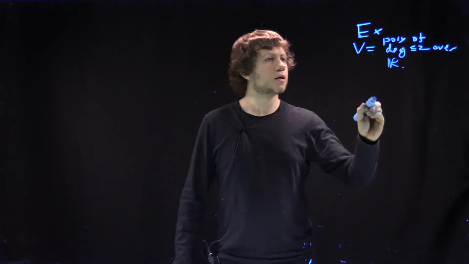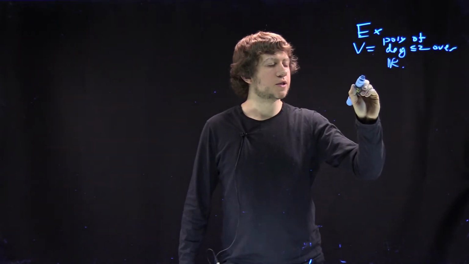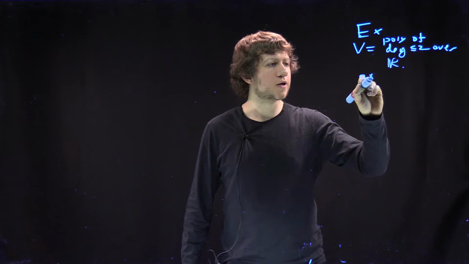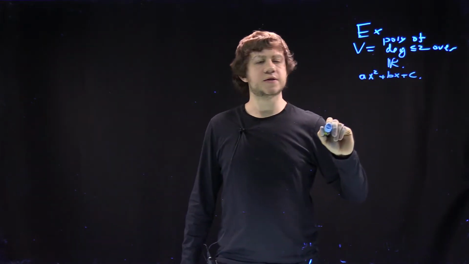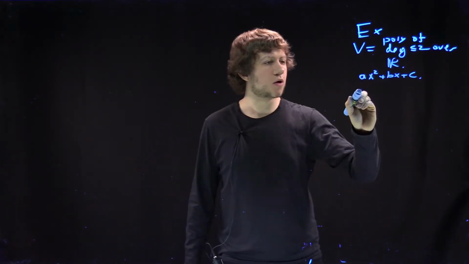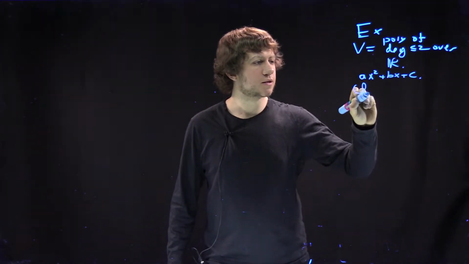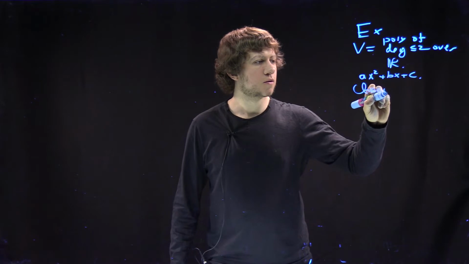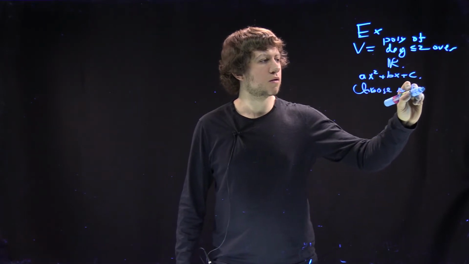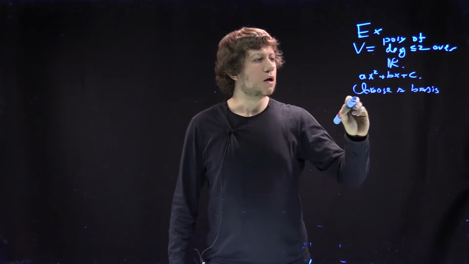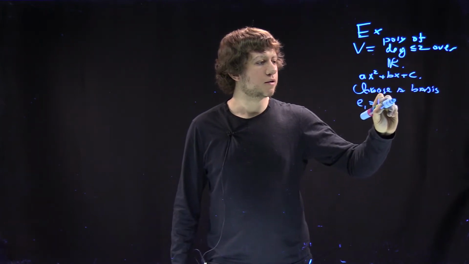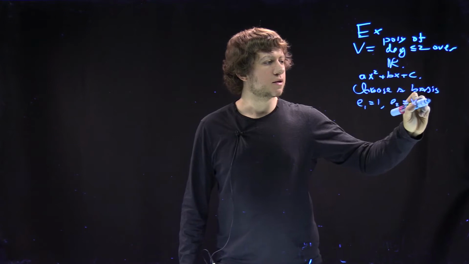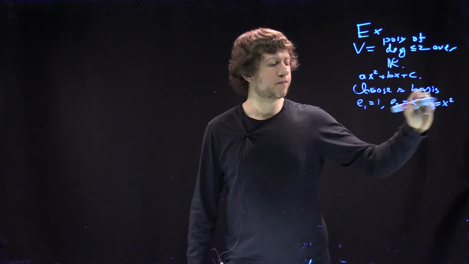So then our vectors are these polynomials, ax squared plus bx plus c. And then we can choose a basis. E1 equals 1, E2 equals x, E3 equals x squared.